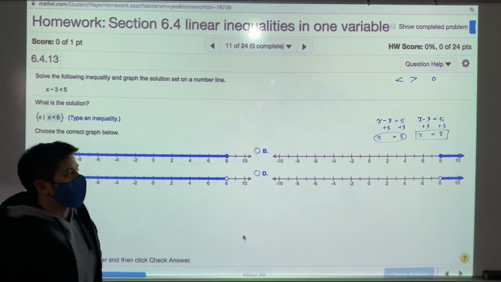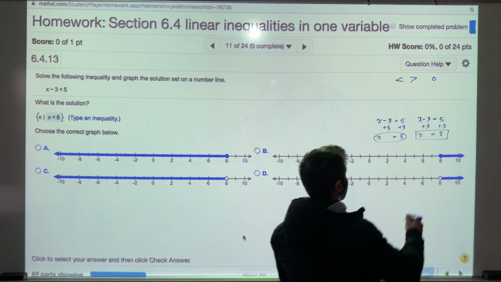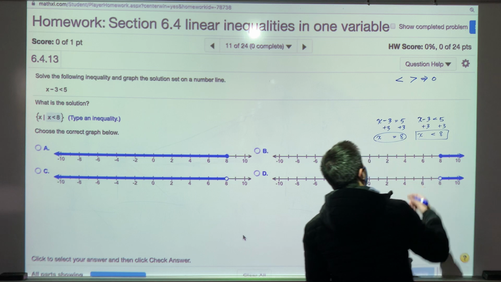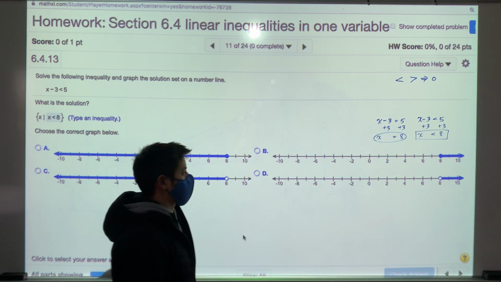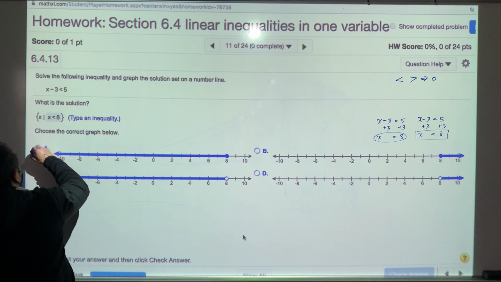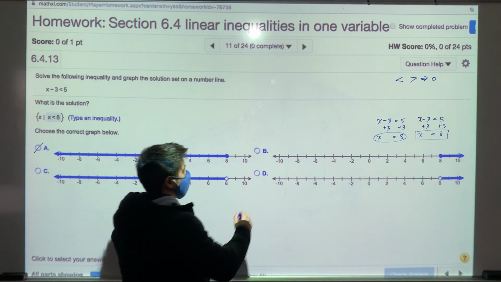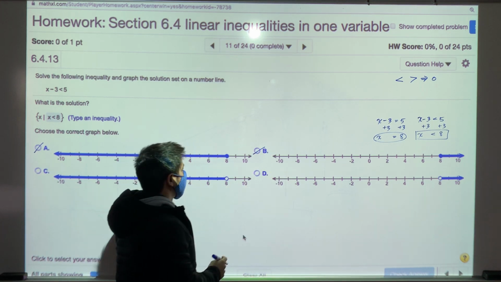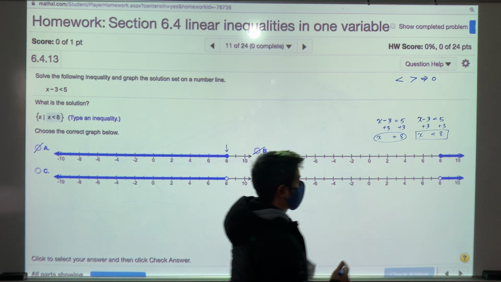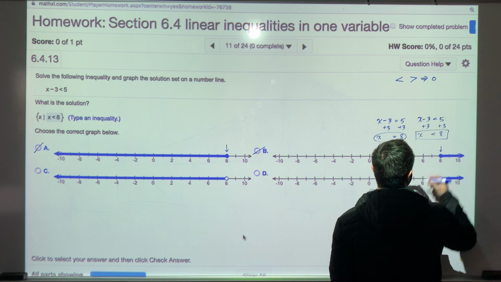So a less than or greater than sign will lead us to conclude that we must use an open circle. So that means that A and B are not options for our answer because both of those use closed circles.